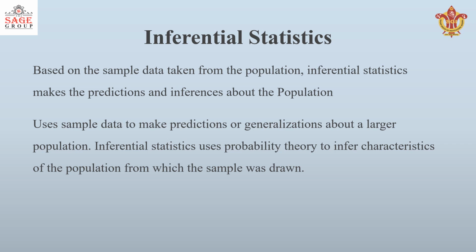That is, it uses sample data to make predictions or generalizations about a larger population. Inferential statistics uses probability theory to infer characteristics of the population from which the sample was drawn. That is, suppose we have a bigger population and we want to talk about certain characteristics of this population, then we draw a small sample, we analyze this sample, and by making use of probability theory, we generalize the characteristics for the entire population.